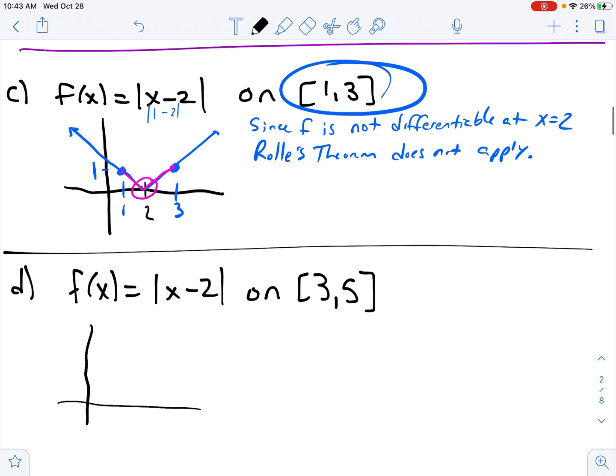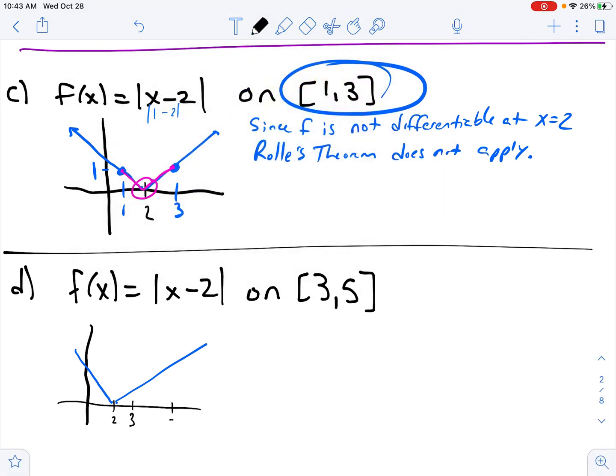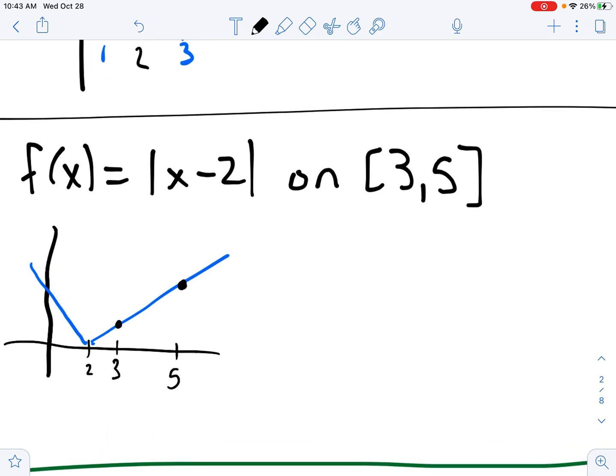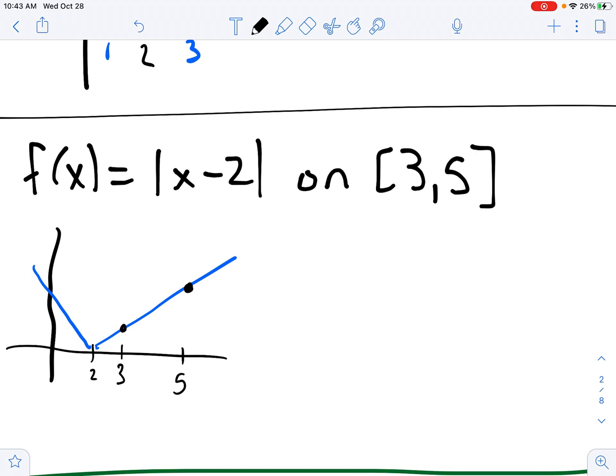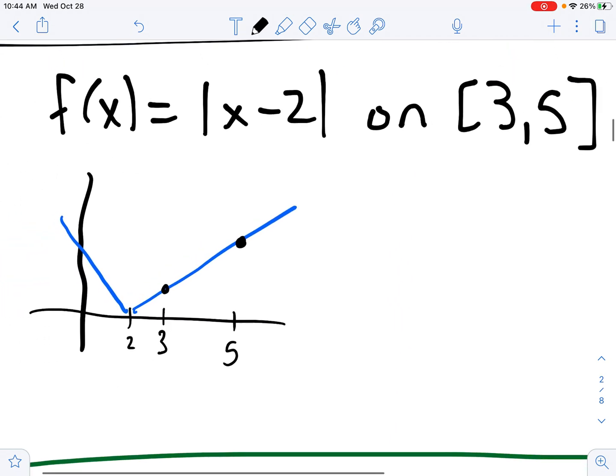Now we change the interval to 3 to 5, so there's 2. Here's the V. Now if we're on the interval 3, 5, we're dealing with these points. Is it continuous on that interval? Sure is. Is the function differentiable between 3 and 5? Yes, it absolutely is. But what's the problem?